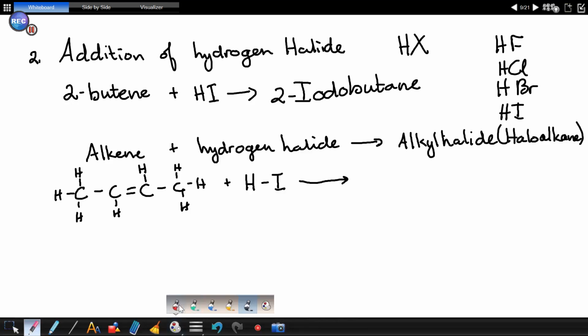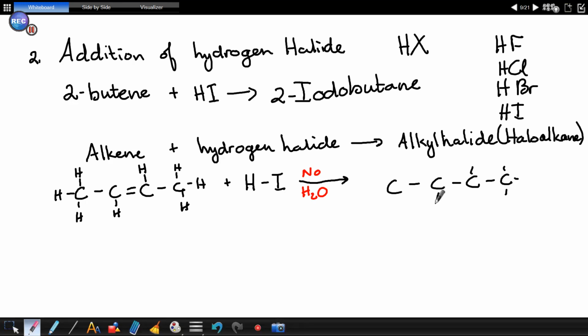I see I left it off my note. No water. There must be no water. That is just a condition for the reaction to take place. So this double bond will break and become only a single bond.